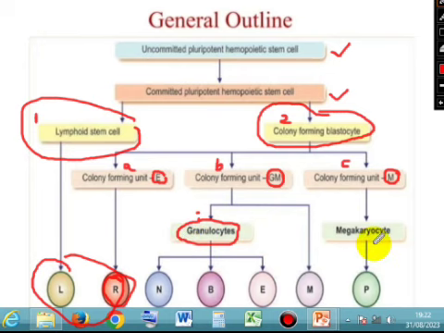While the colony forming units for granulocytes and monocytes will differentiate into two sub-cells. The colony forming units for granulocytes and monocytes will differentiate into two sub-cells.